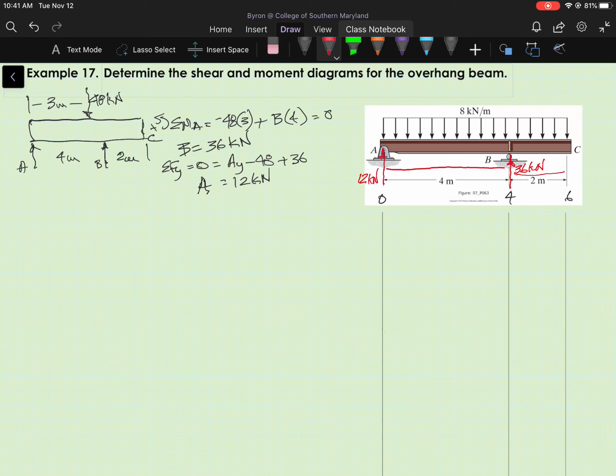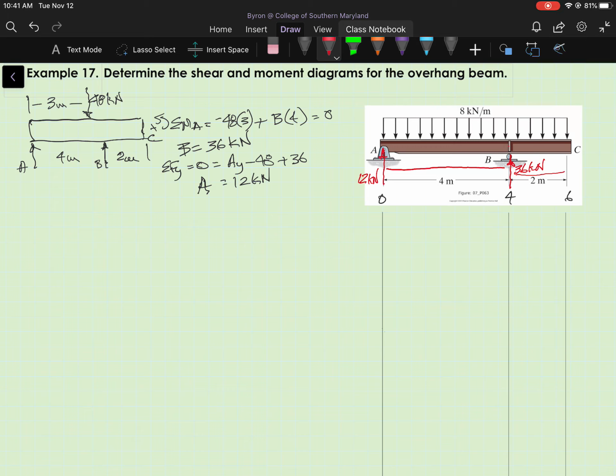I don't have any until I get to x equals 6, where the distributed load stops, so it changes value. And so I'll need to look at the segment of the beam between x equals 4 and x equals 6 in a separate free body diagram, and establish the functions for the shear and bending moment for that segment of the beam also.